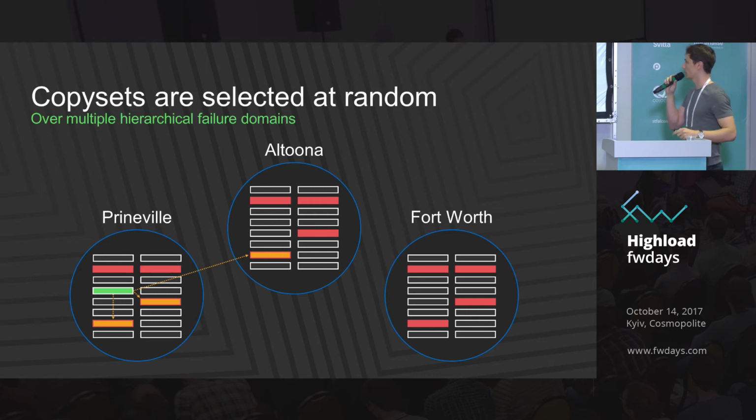Moreover, I can say that I want my copy set to be in at least 2 data centers, so that if there is a huge outage and we lose a whole data center, we can still read and write our logs because copies are stored across data centers.